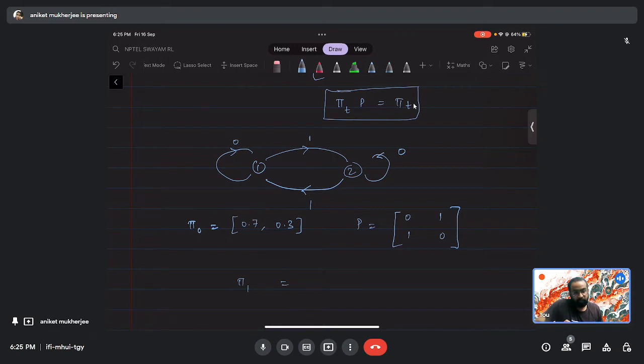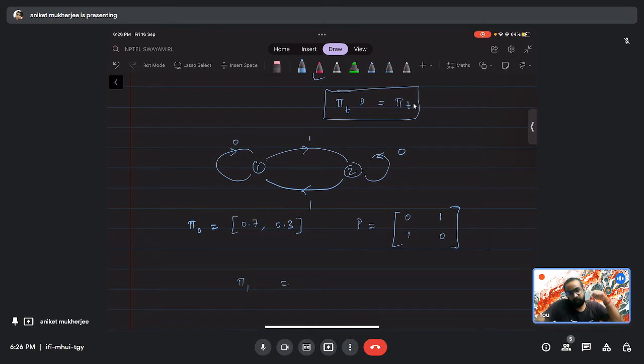So pi 1 is the probability that you are at state 1 at time instant 1. The probability that you are at state 1 at time instant 1 is equal to the probability that you are at state 2 at time instant 0 into the probability of going from 2 to 1, plus the probability that you are at state 1 at time instant 0 into the probability of going from 1 to 1.